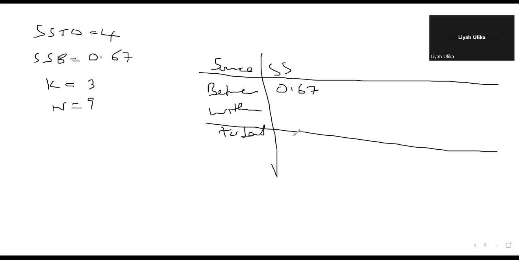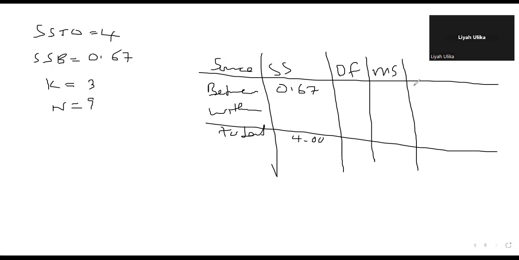The total is 4. The within is the difference. What is the difference? Within gives me 3.33, correct? That is 4 minus 0.67.